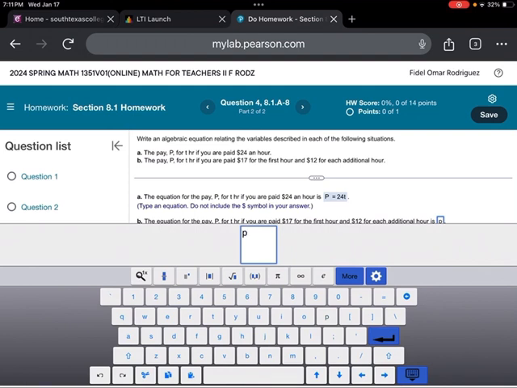I'm gonna enter in a lowercase p, okay, equals, now we said 17 plus, where's my plus sign? Sometimes it's hard for me to see it. Here we go, plus, now we said 12, and then in parentheses, let me see if I can get my parentheses.